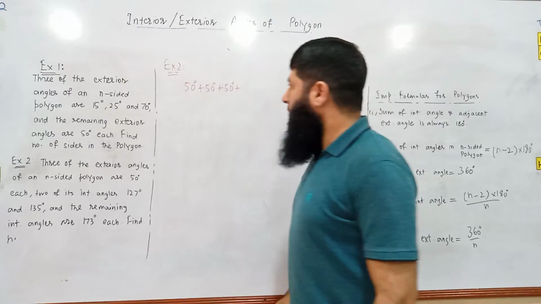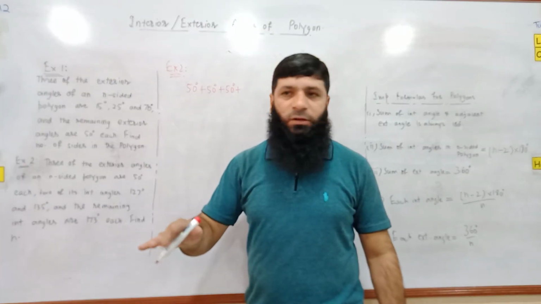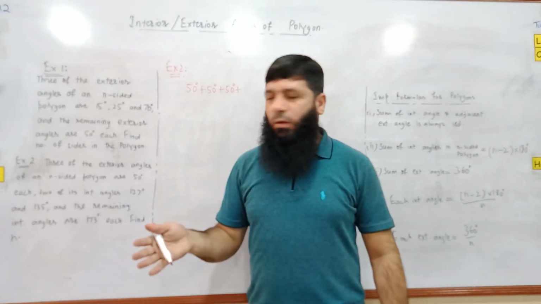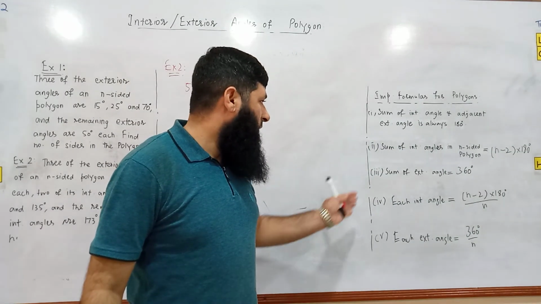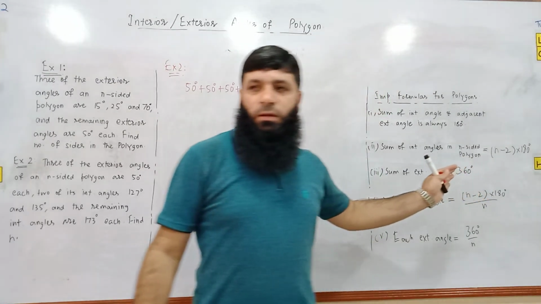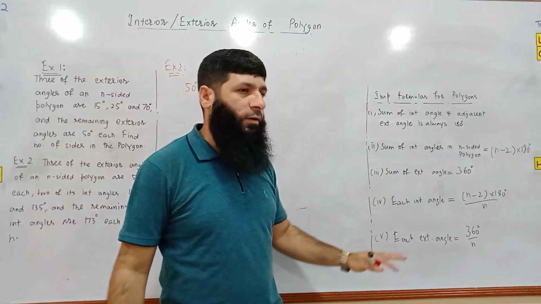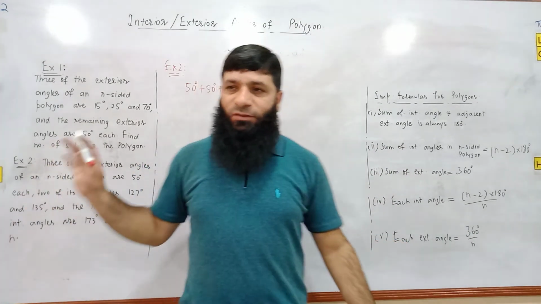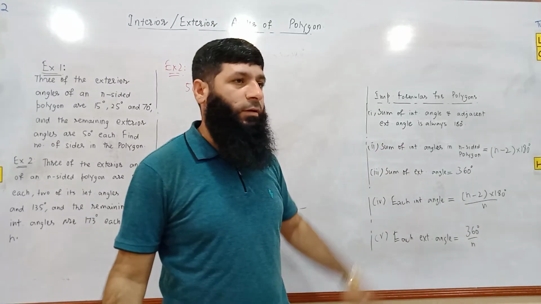Okay, and we can make an expression in terms of interior angles or in terms of exterior angles. But we can see that the sum of exterior angles is always 360, so this is a comparatively easy expression as compared to the sum of interior angles. So I am making an expression in terms of exterior angles. You can also make this expression in terms of interior angles.